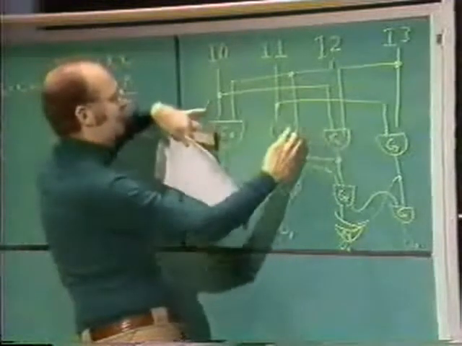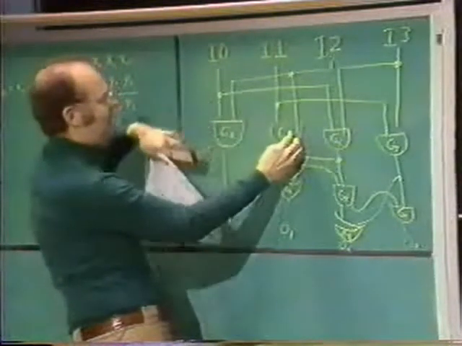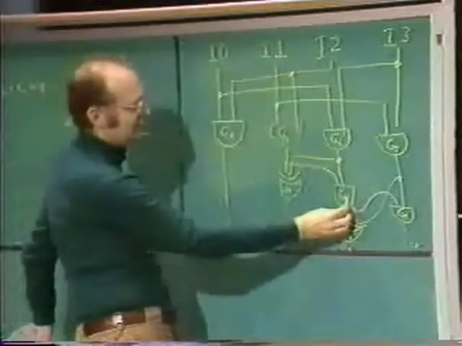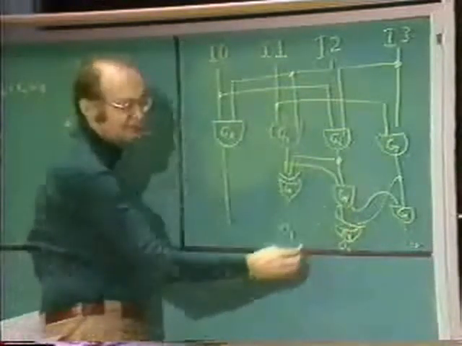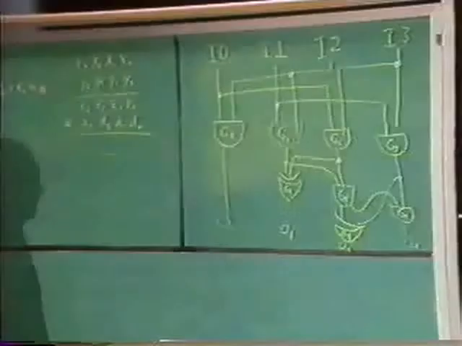This is I0 and I3. This one is I1 and I2. So G5 is the AND of everything. It says that G5 will be 1 if and only if they're all equal to 1. And so then with G6 you're ANDing some of them back in again, which isn't going to change anything. It's just redundant stuff. So you can actually just get rid of G6.